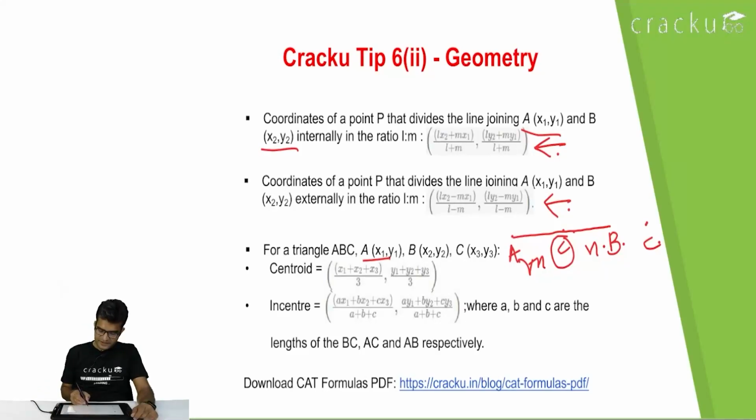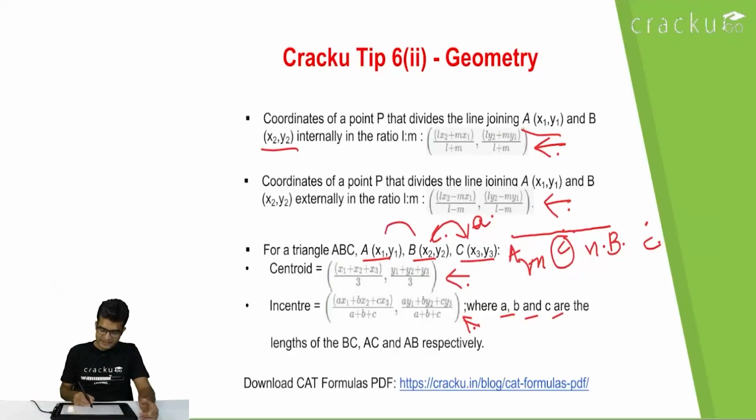Similarly, if you are given the vertices A, B and C of a triangle, which are x1, y1, x2, y2 and x3, y3, we can calculate the centroid of the triangle, which is just the arithmetic mean of all the coordinates, and we can also calculate the incenter. To calculate the incenter, we have to first calculate the lengths of the sides a, b and c. How are we going to calculate these lengths? Using the distance between the points B and C, we will get the length of the side a.